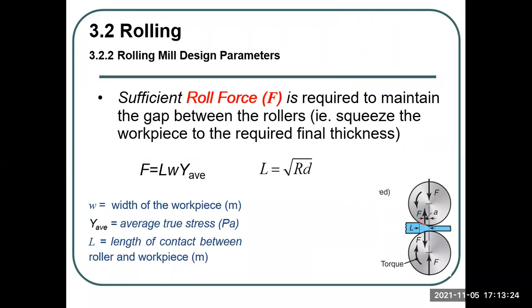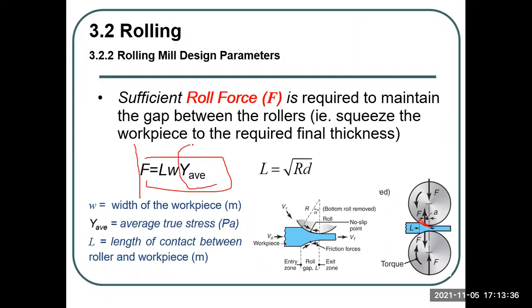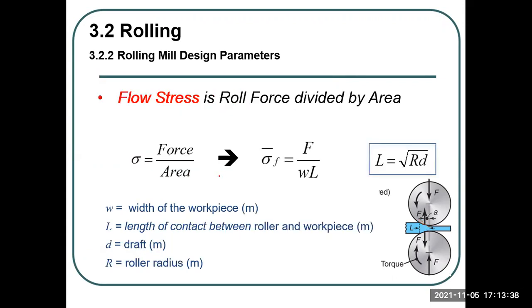L is the length of contact between the roller and the workpiece. And all these are the equations. Most of the time the yield strength is given. And for flow stress, this is another way: you can use force divided by area.